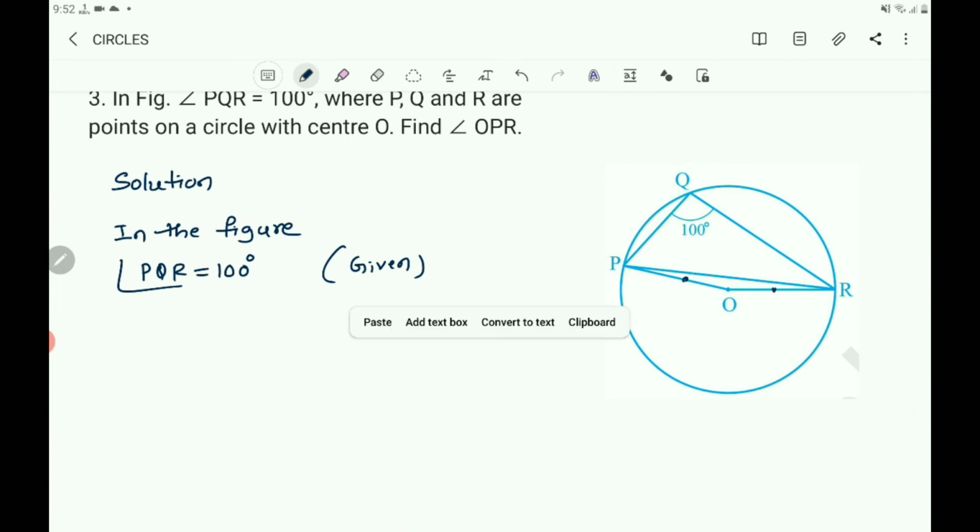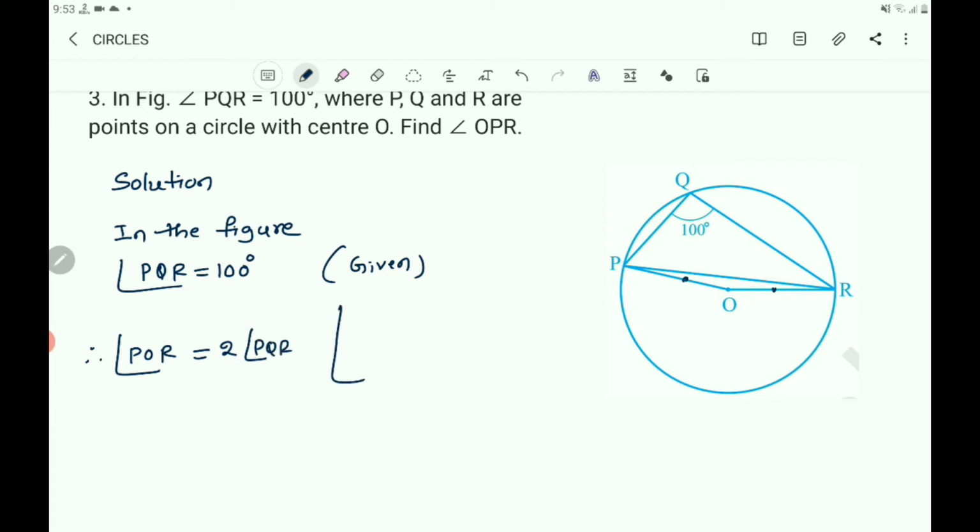And let us take angle POR, which is the reflex angle. Therefore, angle POR is equal to 2 into 100 degree, or 2 into angle PQR.